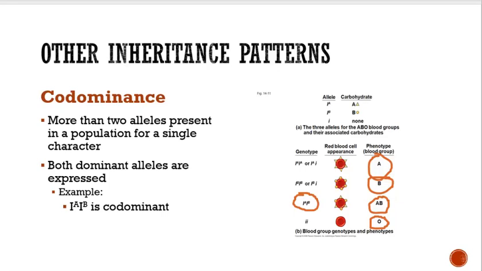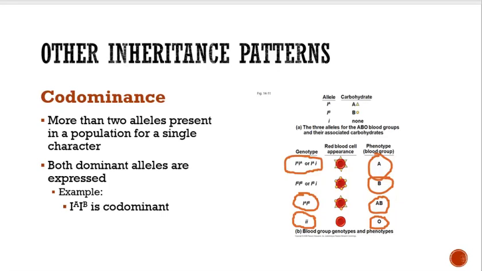Now, if you have blood type O, your genotype is two recessive i's. In other words, you are not producing anything on the outside of your red blood cells. There are no factors at all. If we go back to blood type A, which is the phenotype, there are two genotypes that go along with that.